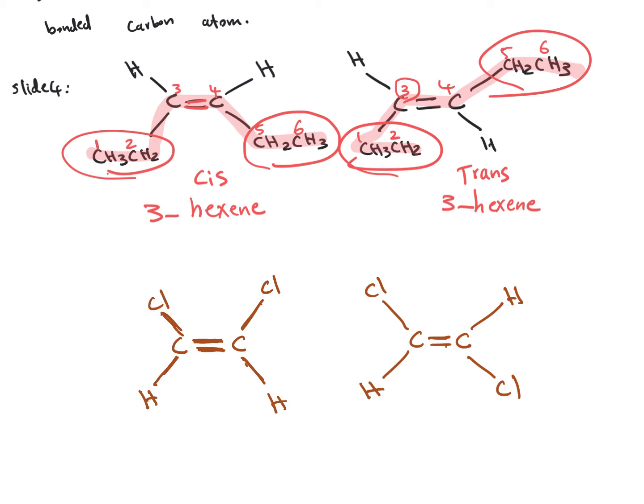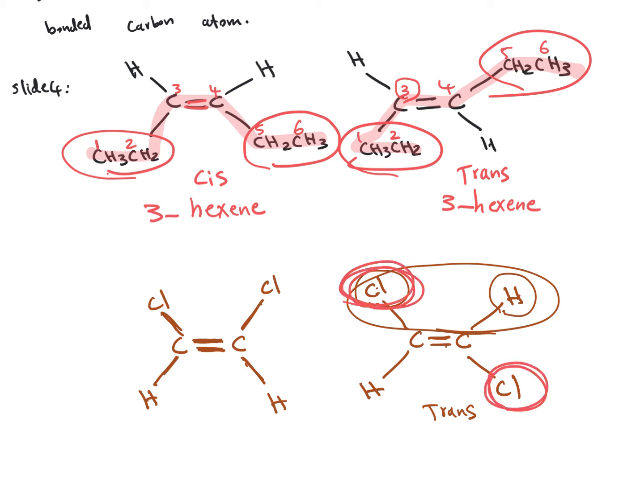It means that, for instance, on this side we have two non-identical groups, right? Cl and hydrogen. So here we have the trans, right? Because the two chlorine atoms are on different sides, and then here we have the chlorines on one side, so it's cis.